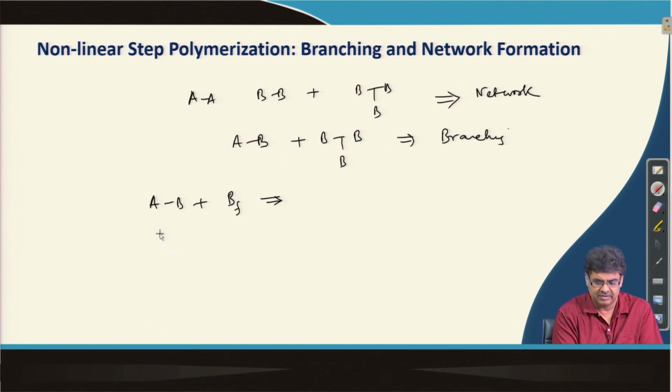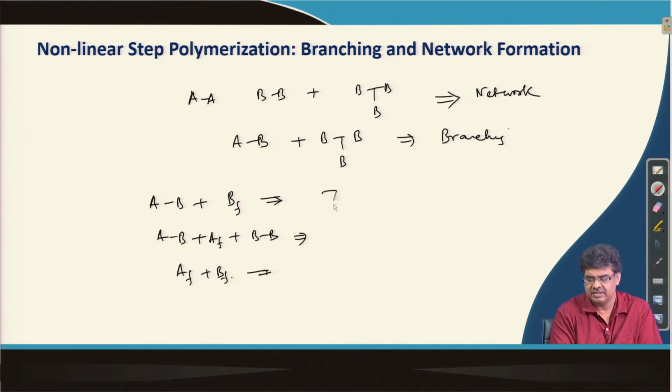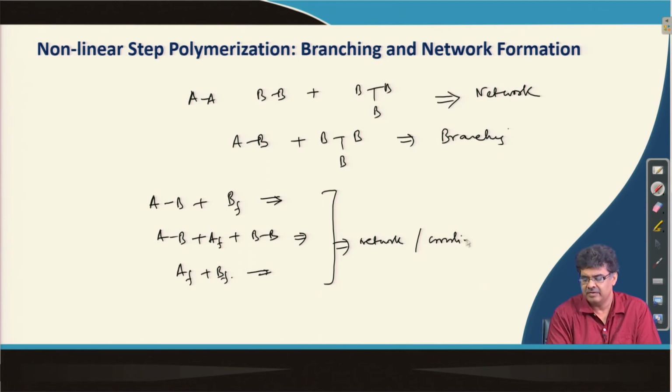Now, you can also do it yourself and see that in all these cases, this leads to network formation or cross linking when f is greater than 3.